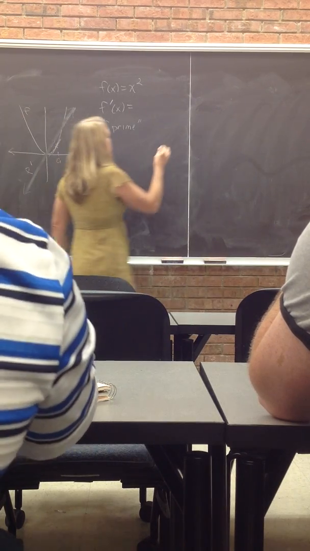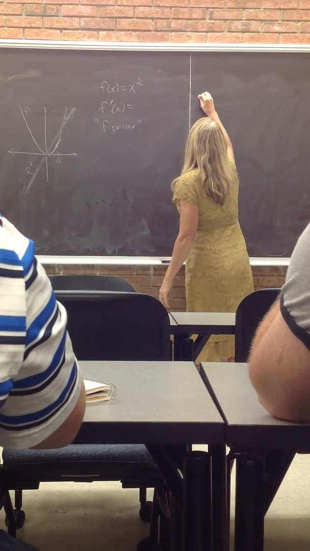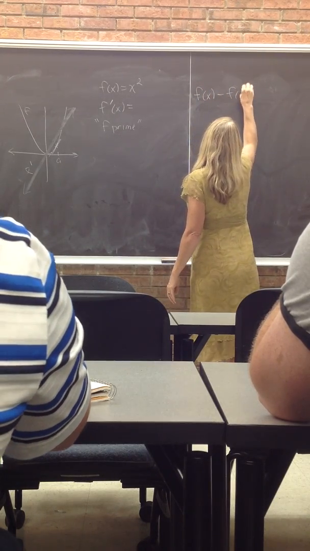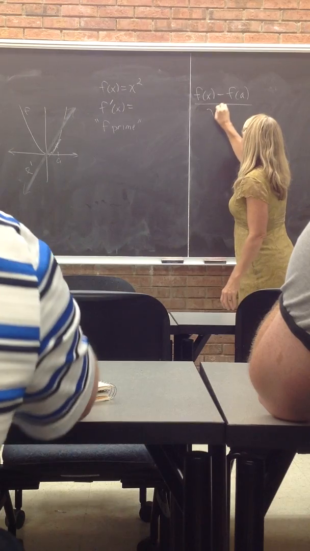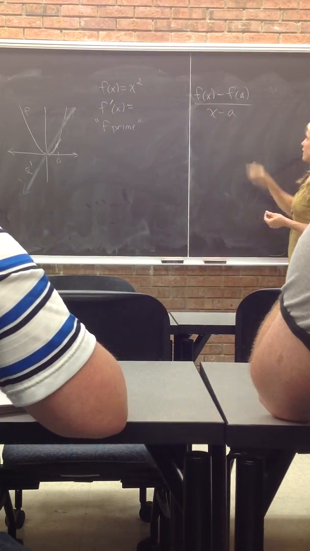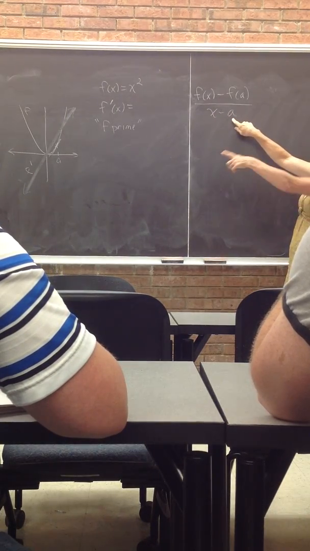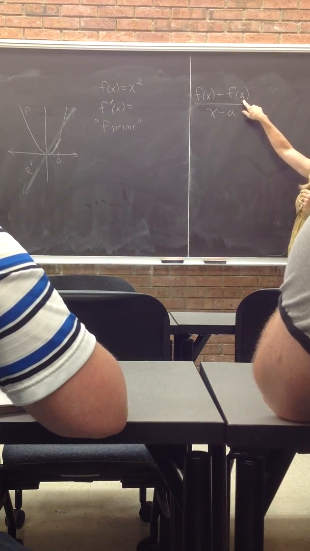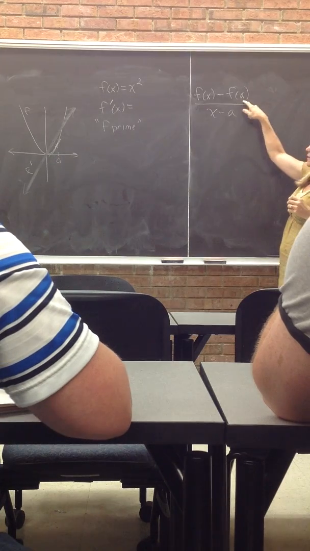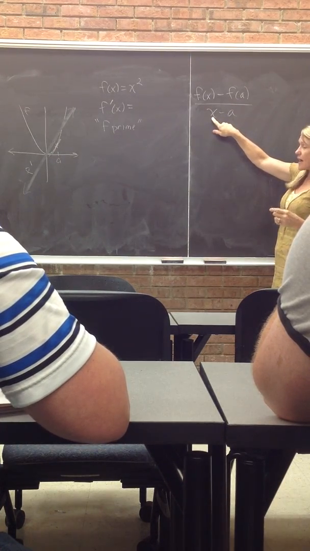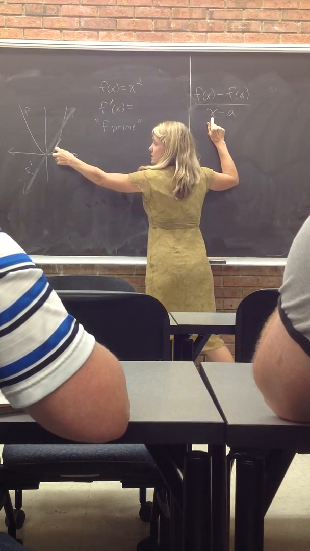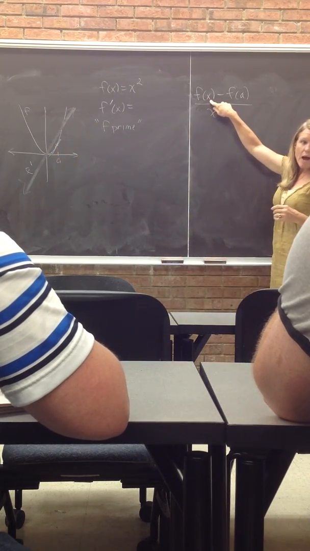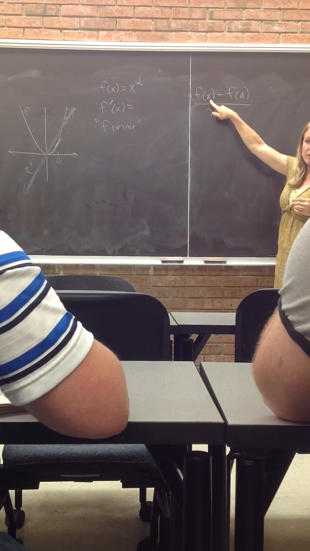If you take that idea, we're finding slope, and what is slope? It's the difference between y values over the difference between x values. So A is the special, specific point I'm interested in. F of A is its y value. X is representing the x coordinate of these points that we were picking, getting closer and closer. F of x are the y's that go with those points.